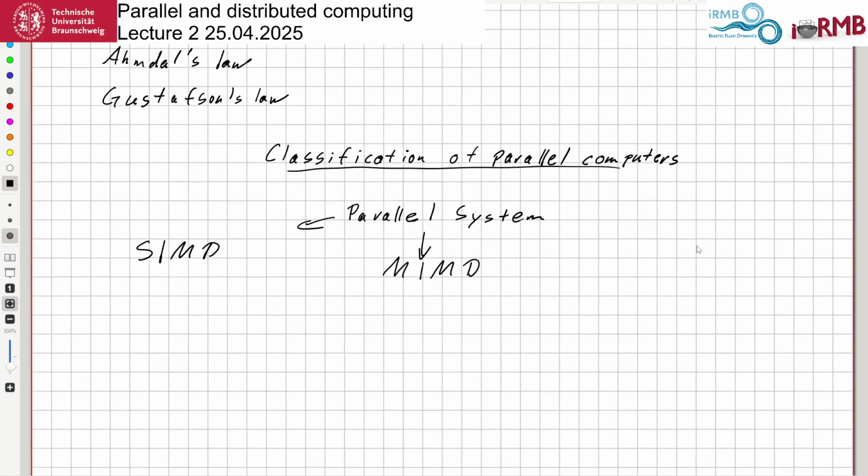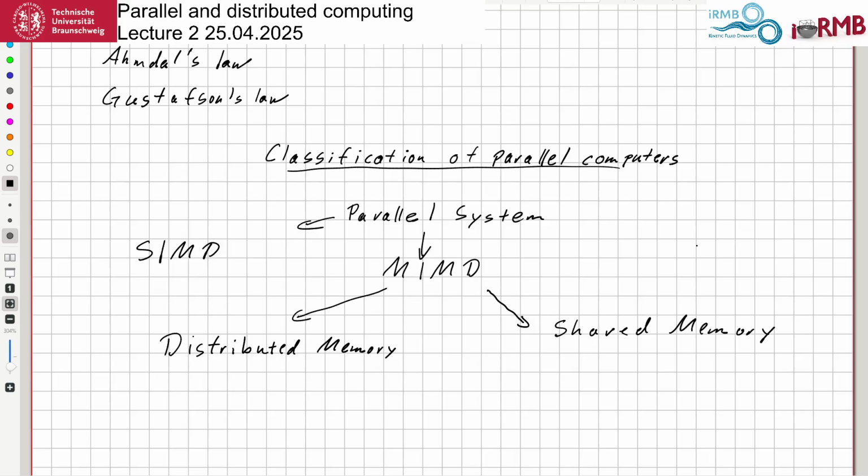But there is now a further distinction into what you probably don't have in front of you, namely distributed memory machines, and as we started to discuss last time, the programming model that we use in distributed memory machines is different from what we have when we use shared memory machines.